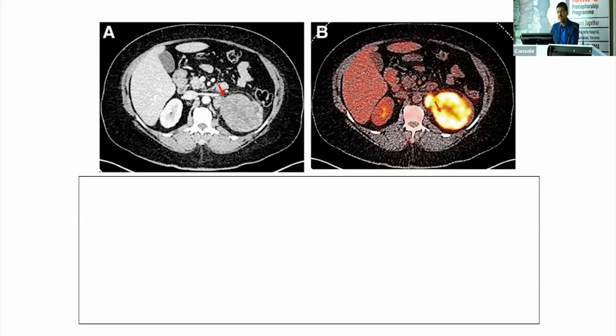The second patient is, again, somebody, a 60-year-old male who presented with pain and fever. So pain in abdomen and fever, somebody ordered CT scan, and then corresponding PET CT images are also available to us. You can see this is right kidney, this is left kidney, disproportionately enlarged, complete abrogation of corticomedullary differentiation.